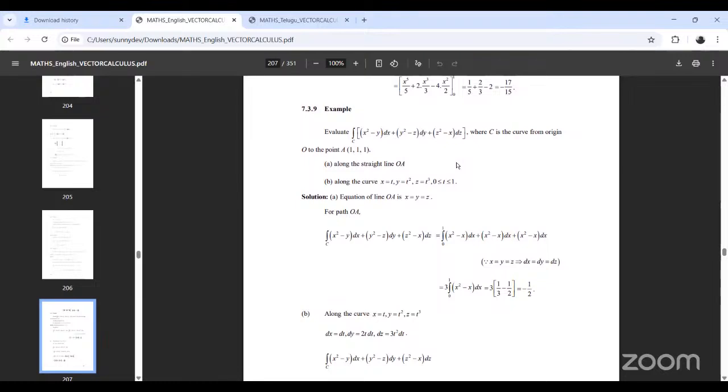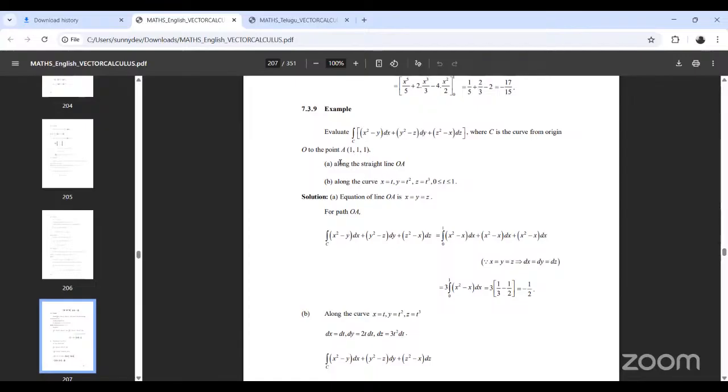Next, see one more example. Evaluate the integration of x square y dx plus y square minus z dy plus z square minus x dz, where C is the curve from the origin 0 to the point 1, 1, 1.